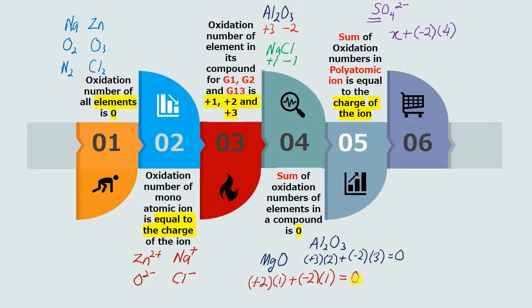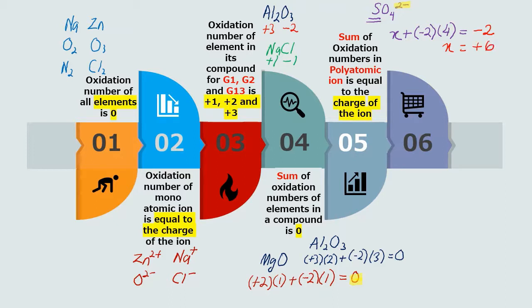The total oxidation number for these ions must be equal to the charge of the ions. Therefore, it is equal to negative 2. Can we calculate the oxidation number of sulfur? X is actually negative 2 plus 8, which is positive 6.